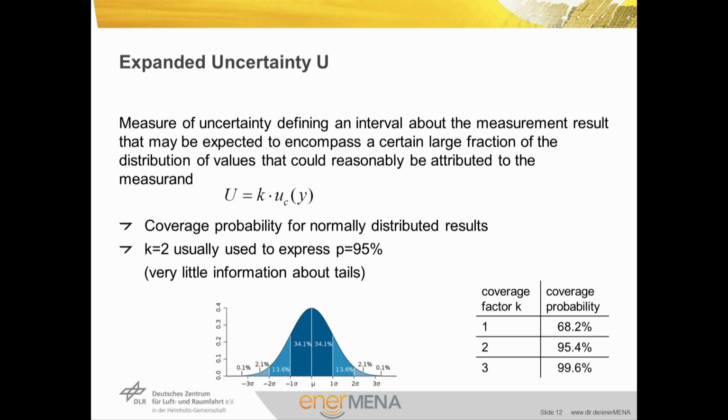For values of k of 1, 2, and 3, the coverage probability amounts to 68.2, 95.4, and 99.6%. K equal to 2, or a coverage of 95.4%, is a common choice. This represents a good trade-off between a considerable coverage and limited informative value towards details of the distribution.